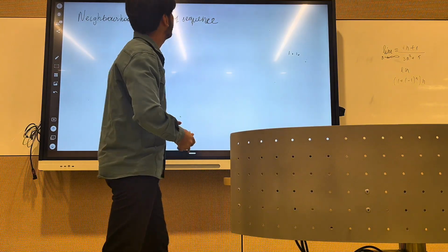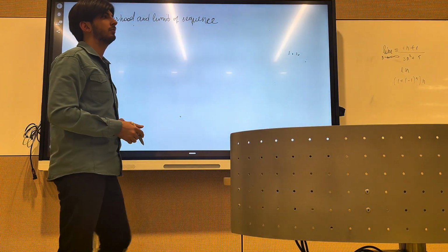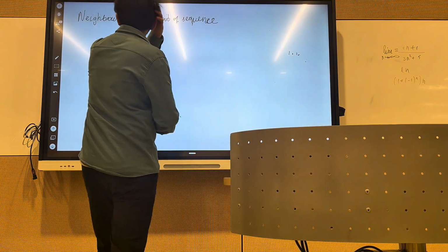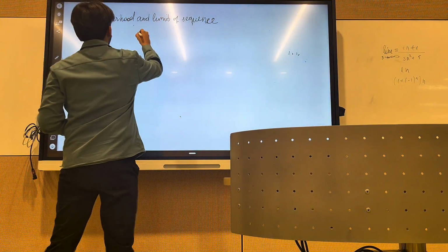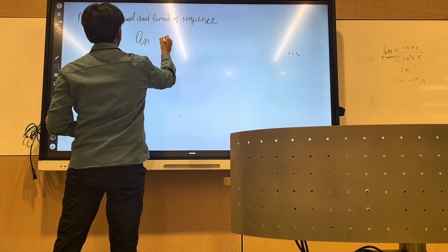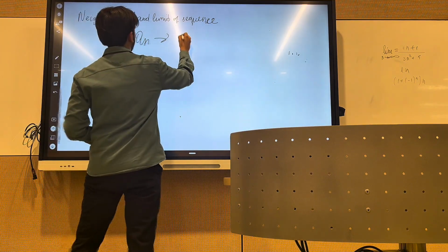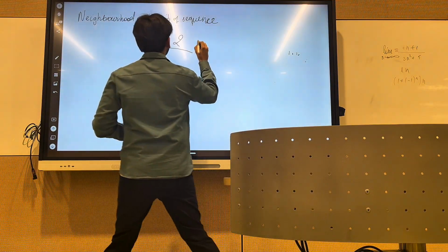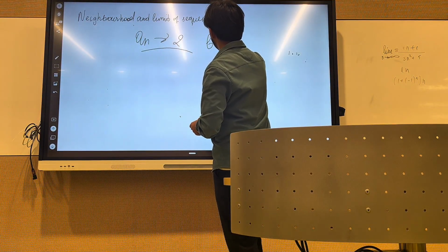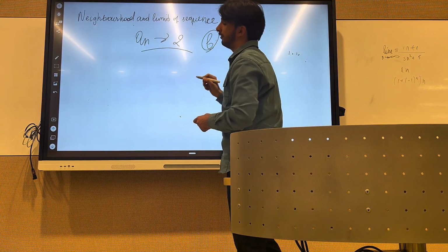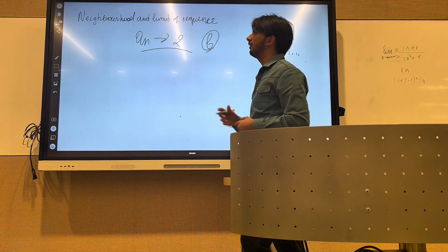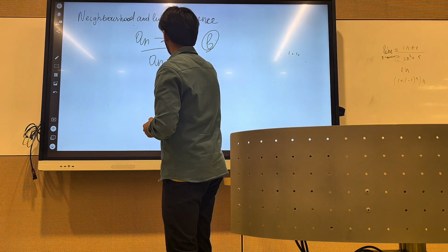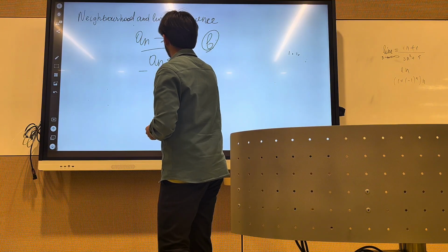For example, bounded from above and not bounded. For example, we say that our sequence can converge to some number, for example 2, right? For example, we have some number b, which our sequence is bounded by.